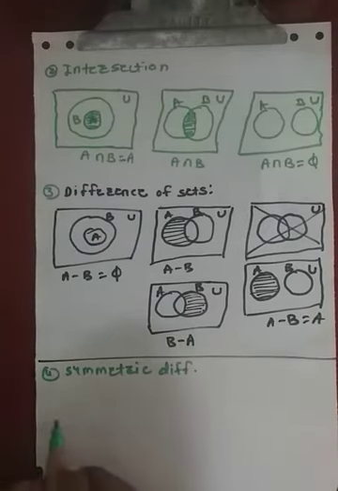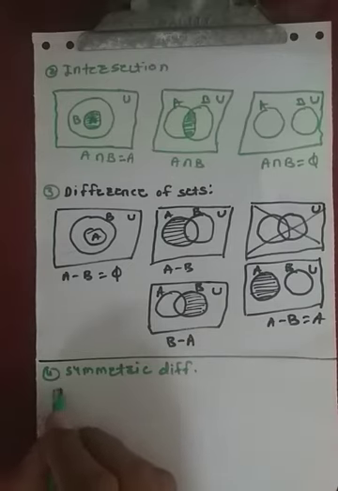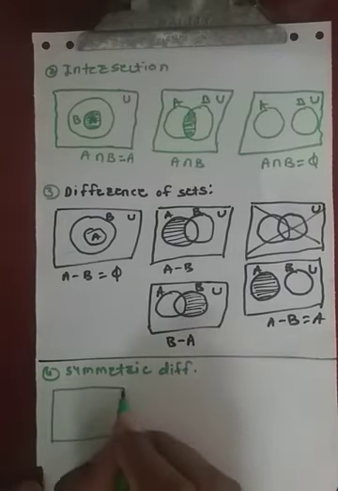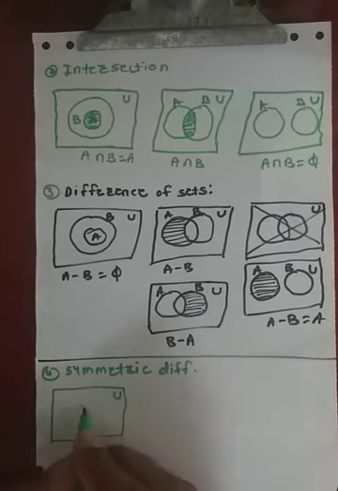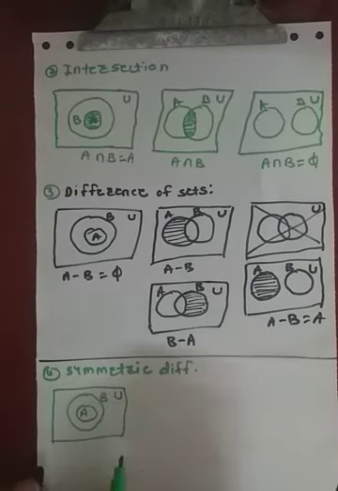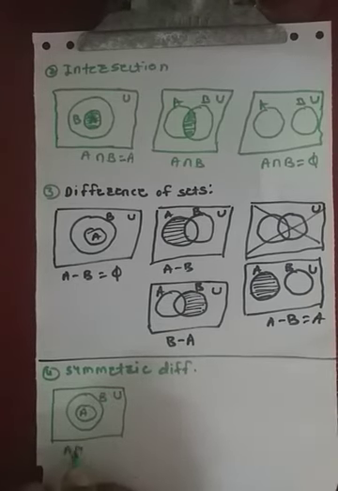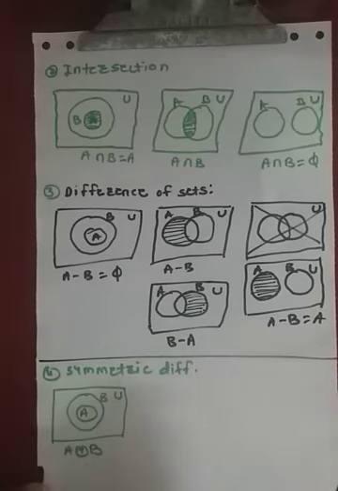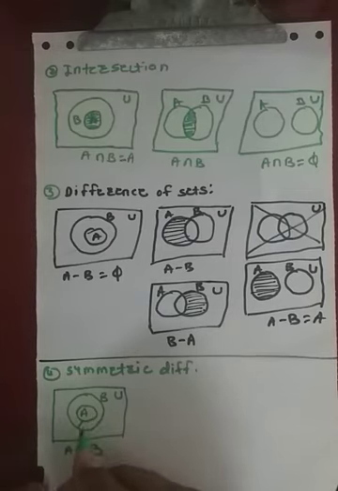So consider case 1, that is A is subset of B. This is universal set, this is set A, and this one is set B. Then symmetric difference of A and B, when A is subset of B, is nothing but this shaded portion.